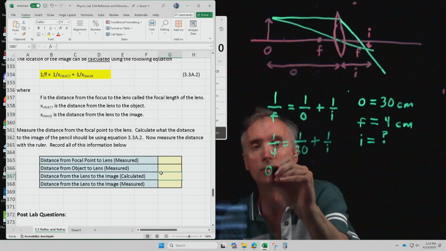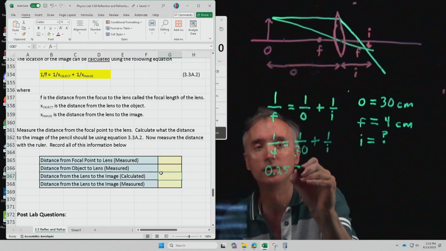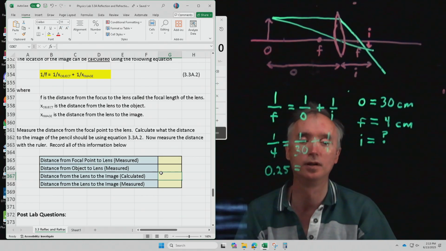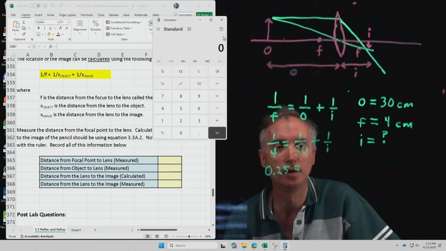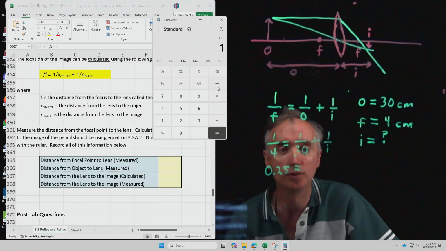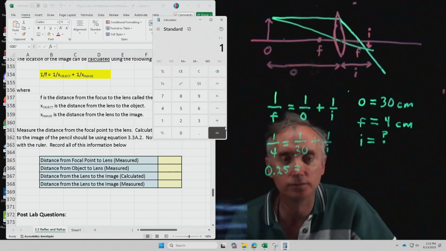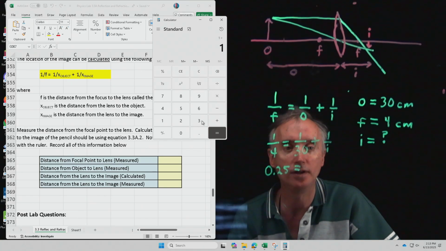So 0.25 is going to be equal to, okay, now I'm having a little bit of trouble here. So I'm going to go to my calculator, and I'm going to take 1 divided by, no, that's division. So 1 divided by 30.